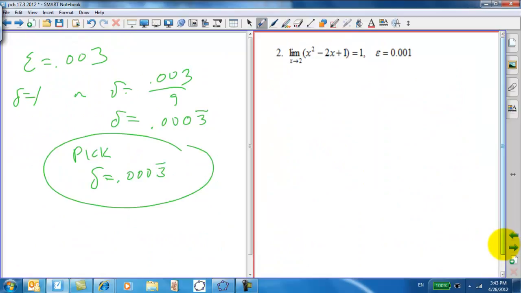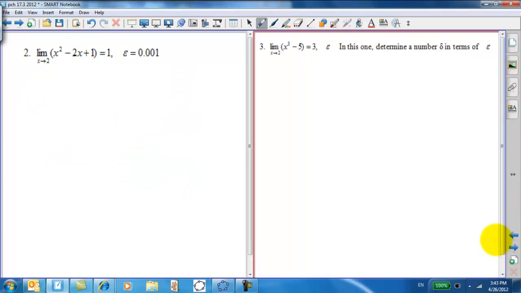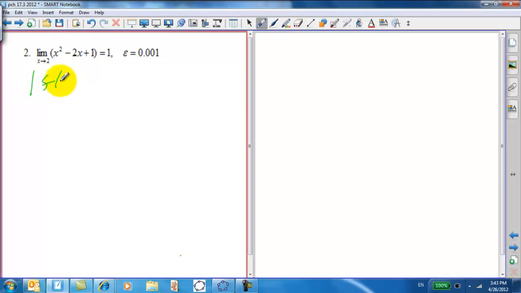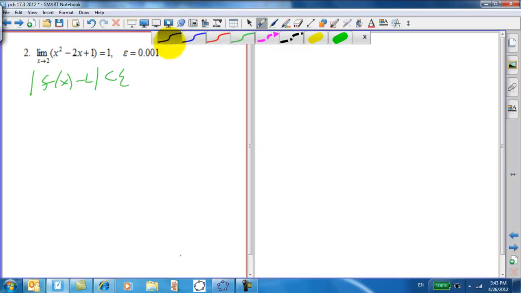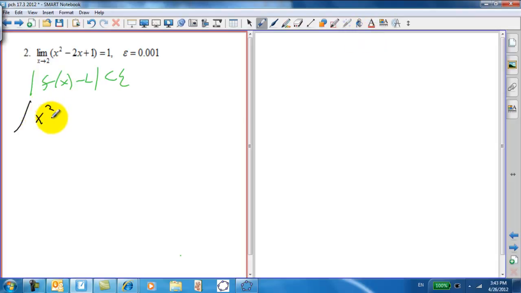Let's try it again on this next one here. Here we go. The limit as x goes to 2 of x squared minus 2x plus 1 equals 1. Yeah, if you put 2 in, you're going to get 1. But let's start with our absolute value of f(x) minus L is less than epsilon. So the absolute value of x squared minus 2x plus 1 minus the limit, which is 1, is less than epsilon.